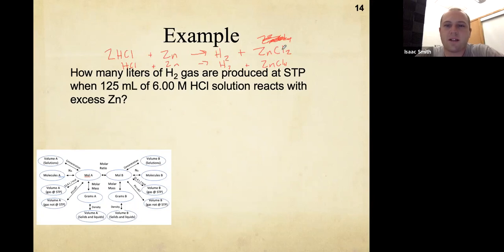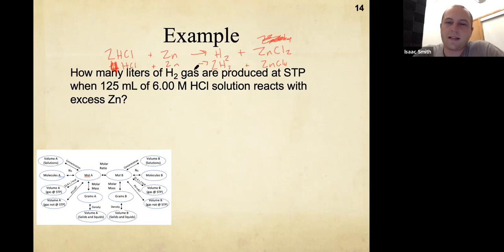That gives us 2 chlorides, we're good, and then we have 1 zinc, so we're balanced just by using that 2. If there's a 4 here, we might put a 2 in front of this HCl, but since there are 4 chlorides, sorry, we actually need a 4 in front of this HCl. And then, since that's 4 hydrogens, we'd need a 2 here.